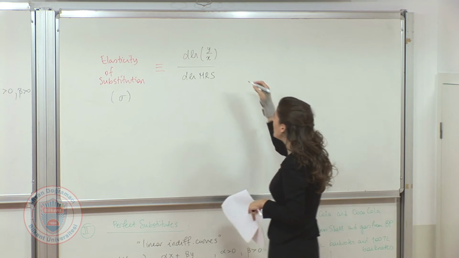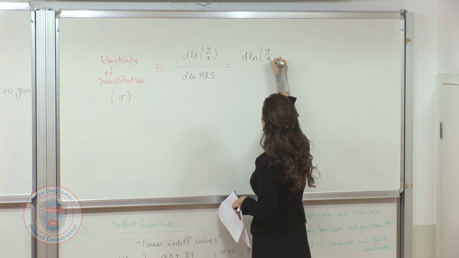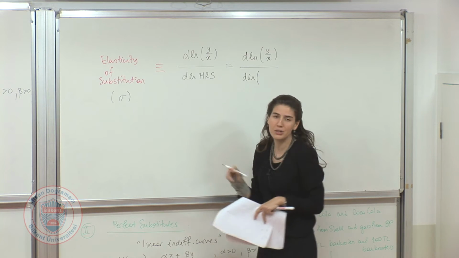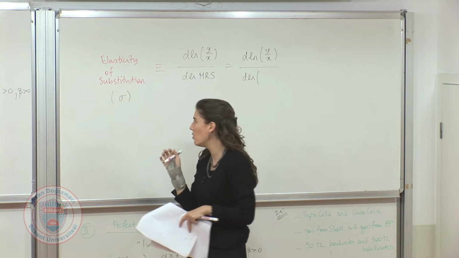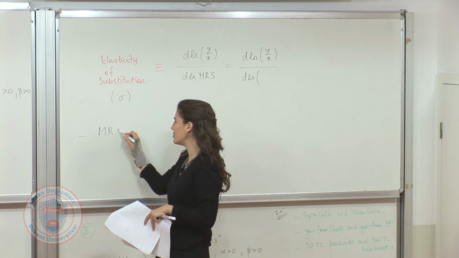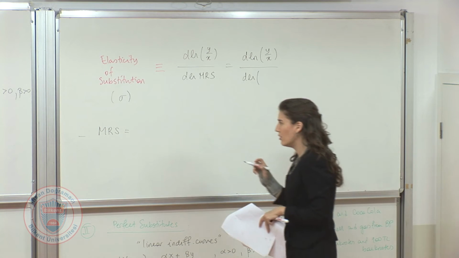So basically, we know a little bit more. We can write this as d ln y over x, and then d ln of the marginal rate of substitution. This is what we saw in our previous class. We figured out that the marginal rate of substitution was equal to what? U_x over U_y, right?